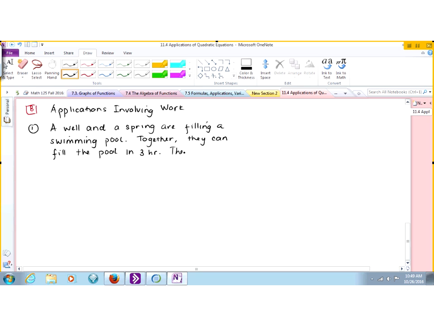So the well alone can fill the pool in 8 hours less time than the spring. All right.